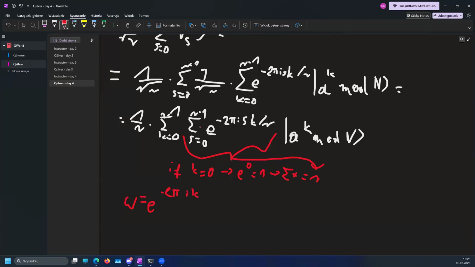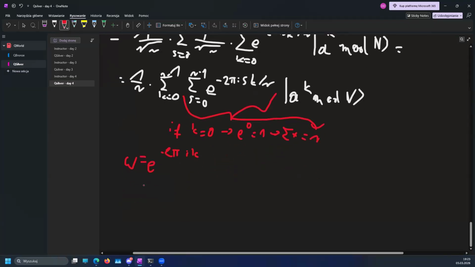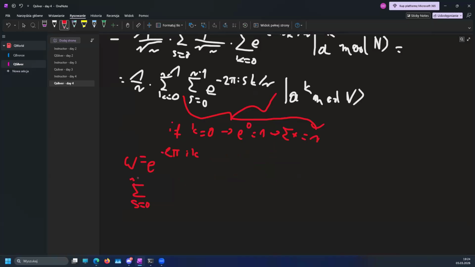So now this term in parentheses becomes, from s equal to 0 to r minus 1, omega to the power of s, because here we skipped s. Oh, here should also be r, sorry. Yes, we have small omega to the power of s.